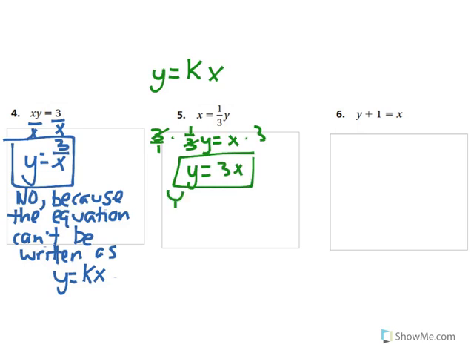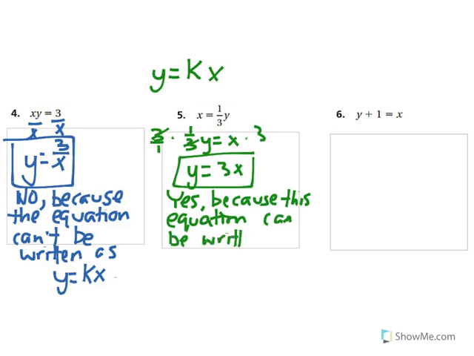And so this would be yes, because this equation can be written as y equals kx. Okay?